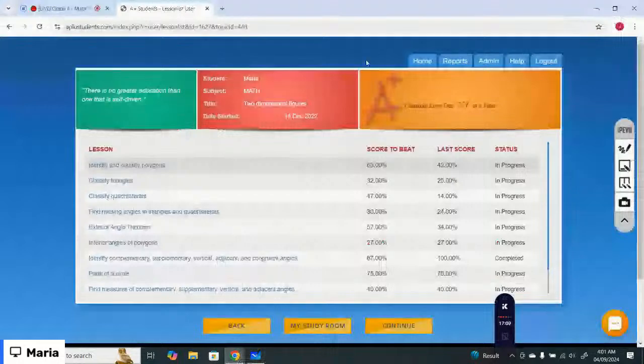So here I am on grade 8 math. The chapter we are on right now is two-dimensional figures. So let's just start with the lesson.